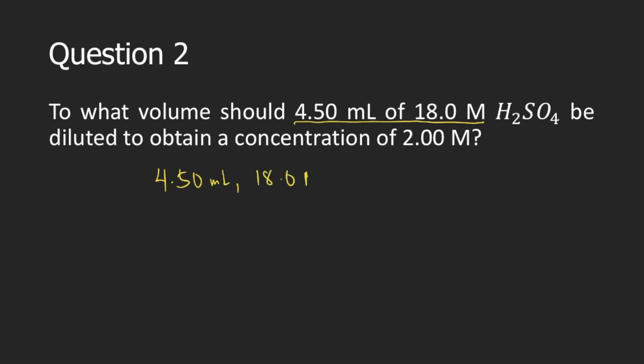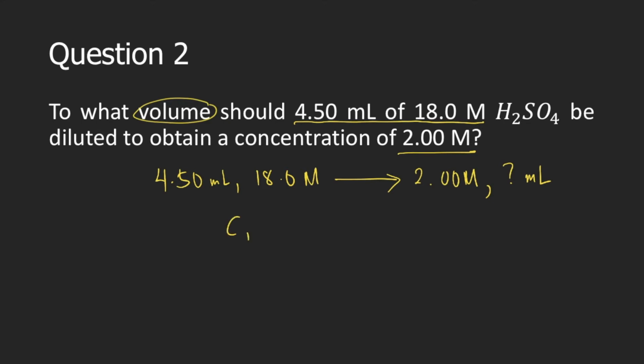And you diluted it to 2 molar. So the final concentration is 2 molar. And the problem is asking for the volume, the final volume. So unknown volume, question mark ml.